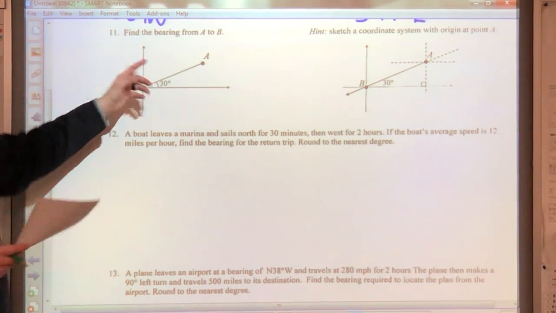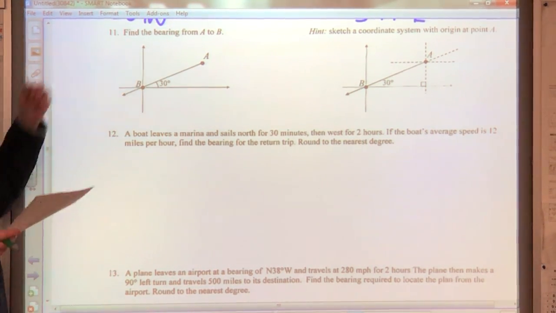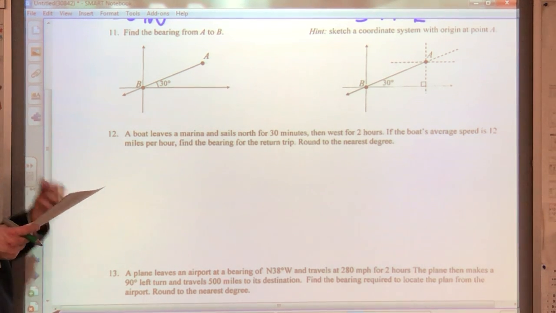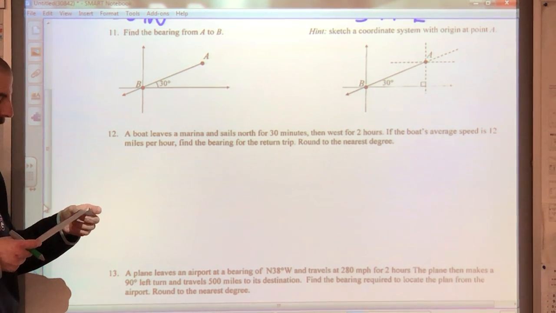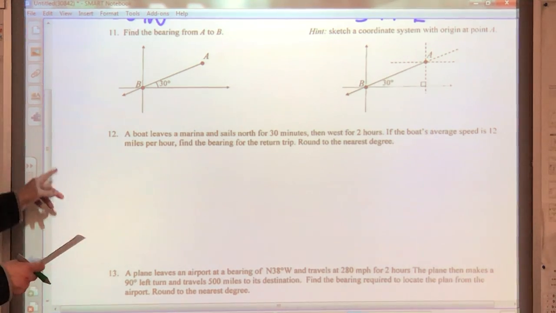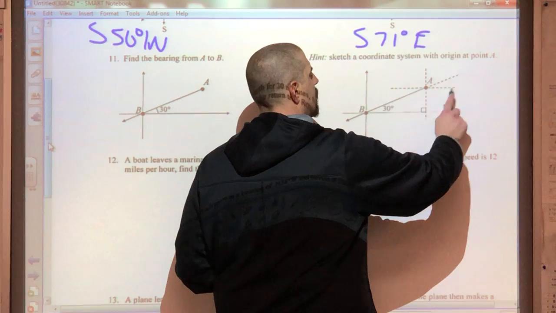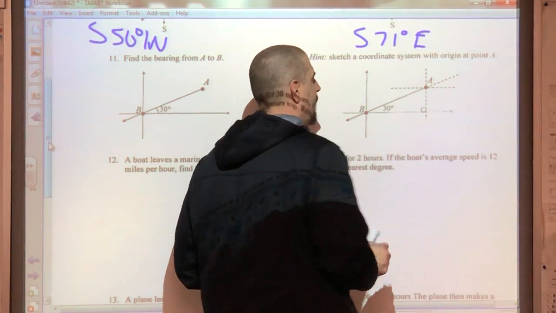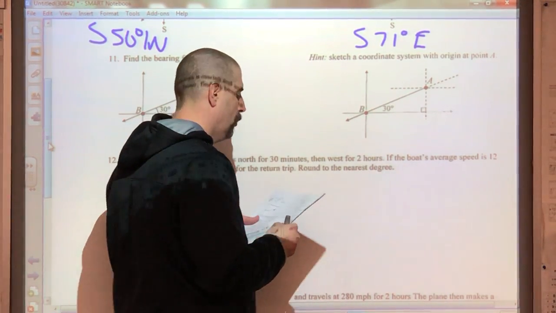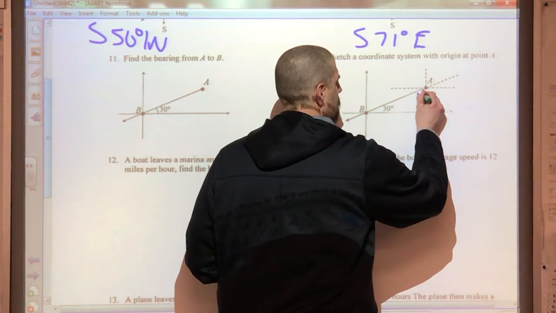All right, now, here's that A to B. It's going this way. You would think it's 30 or 90 minus 30, but you have to be careful when doing that, okay? So the key here is to draw in this extra line, and from that, you want to find this.